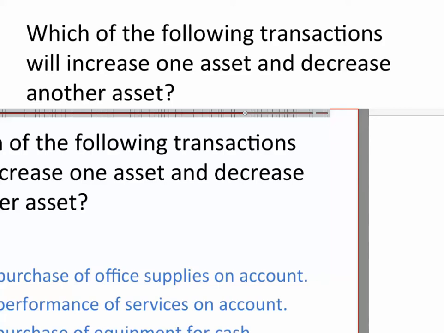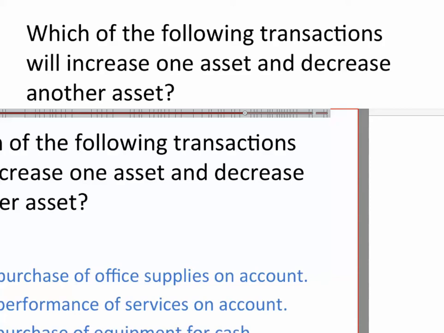Now, the performance of services on account. On account in this case, would that be accounts receivable or accounts payable? Receivable. So there's an asset. That's promising. But the other part of this is performance of service. When we perform service, we're increasing revenue. We're increasing equity. Okay, so it can't be B because performance of service is revenue.